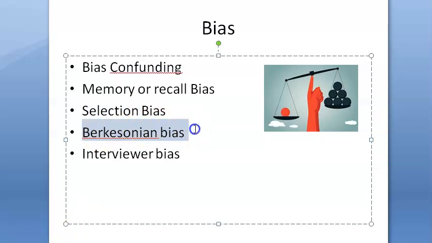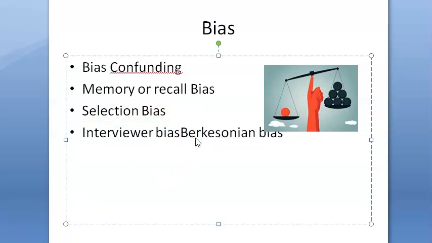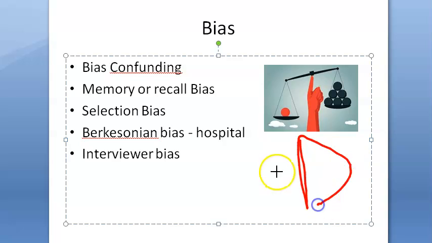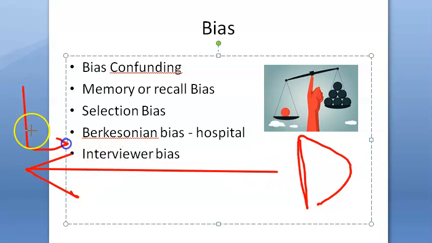What is this Berksonian bias? See, here you're going by the disease, right? You're first going by the disease. So you may take these cases from the hospital. So basically here you should understand that the disease has occurred and you're going backwards and you're getting the exposure, right?